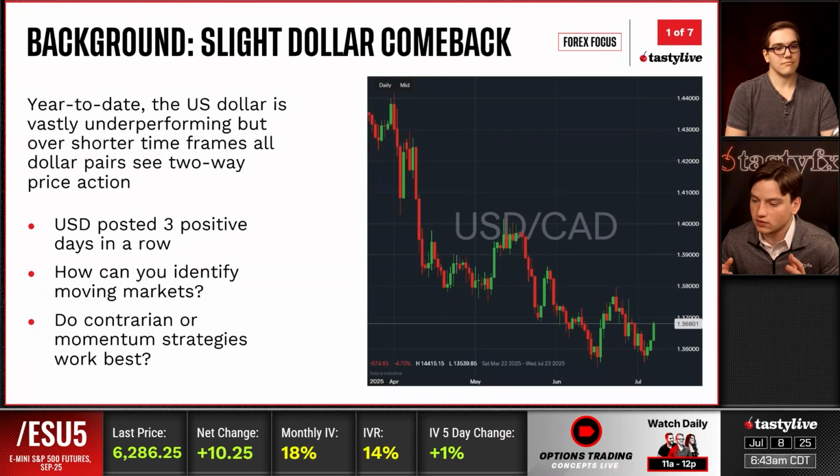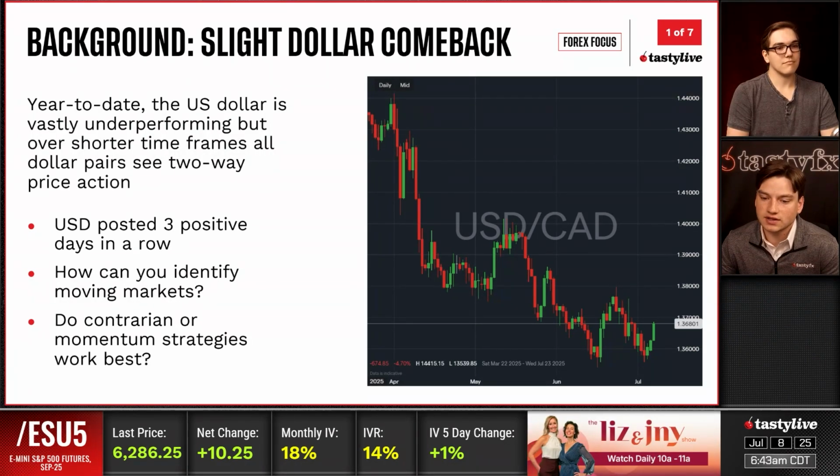And when you really zoom in to FX markets, most traders that aren't involved in FX spaces might just be in the background, knowing that the dollar's weakening on tariff news. But if you are getting granular and you're trading in these markets every week, every day, there has been two-way price action. And we wanted to look into how you can identify moving markets.